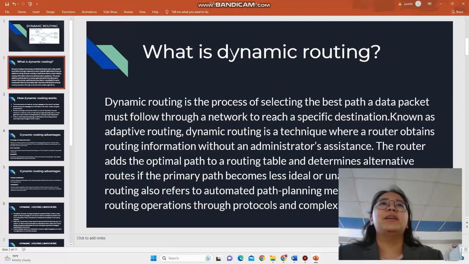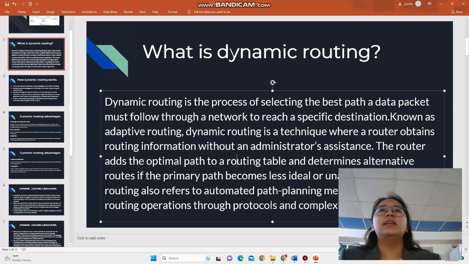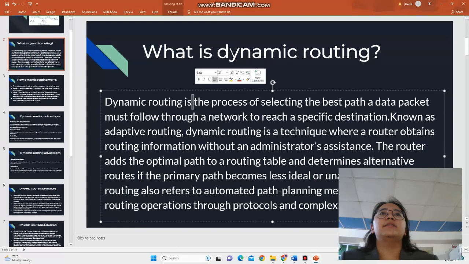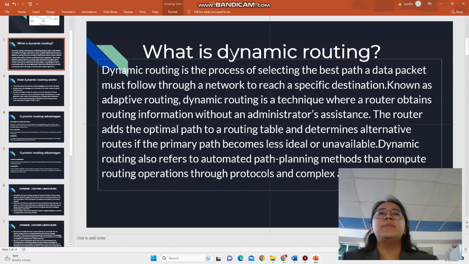Known as adaptive routing, dynamic routing is a technique where a router obtains routing information without administrator assistance. The router adds the optimal path to the routing table and determines alternative routes, so if the primary path becomes less ideal or unavailable, it can switch.